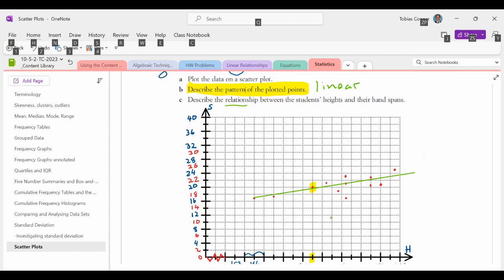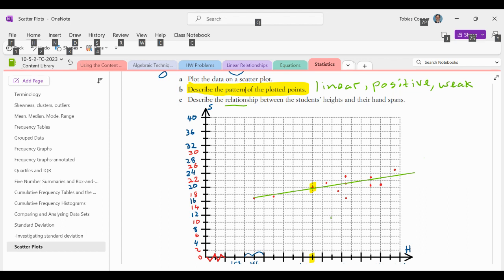And then it says describe the relationship between the students' heights and their arm spans. Actually, just for part B, we should go better than that. Linear is positive relationship or positive correlation, and probably a little bit weak there. Okay, just from the data.